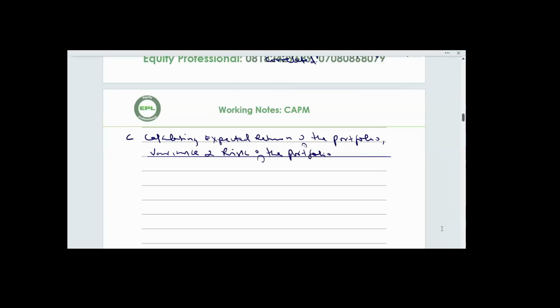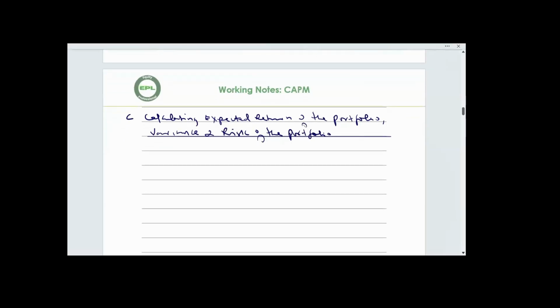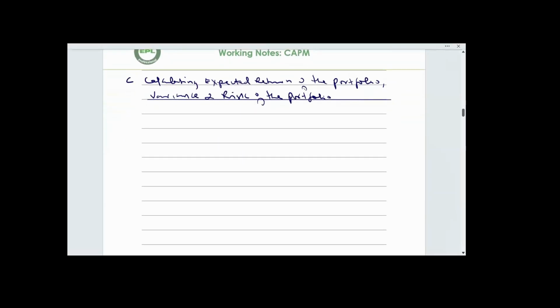Okay, so that's what the examiner wants you to do in this number C. Like I said, because in the D part the examiner wants you to use the general formula, it means that in this requirement number C, you are supposed to use the tabular method.